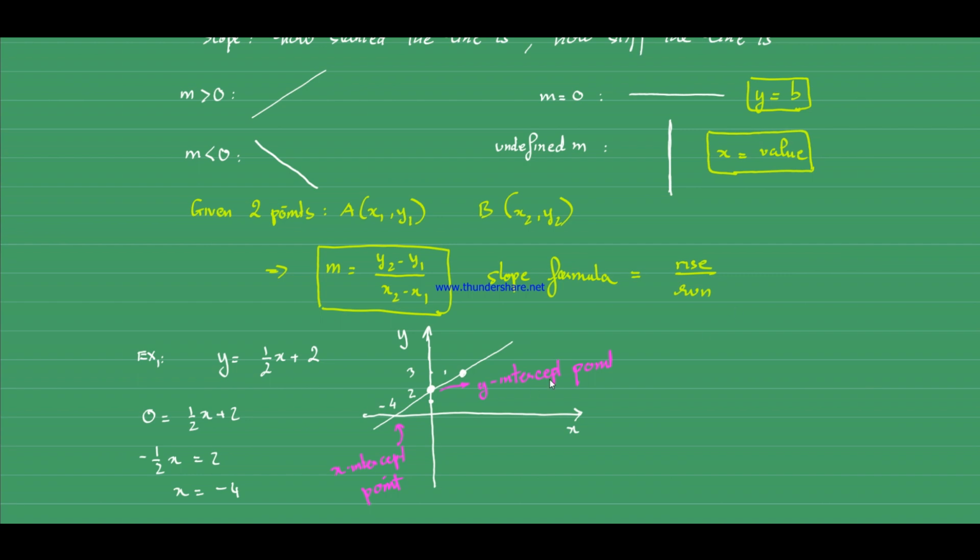Just a little bit off. 1, 2. Going up 1, going to the right 2. All right. So now what we learned out of this example, I'm going to put a remark right here.